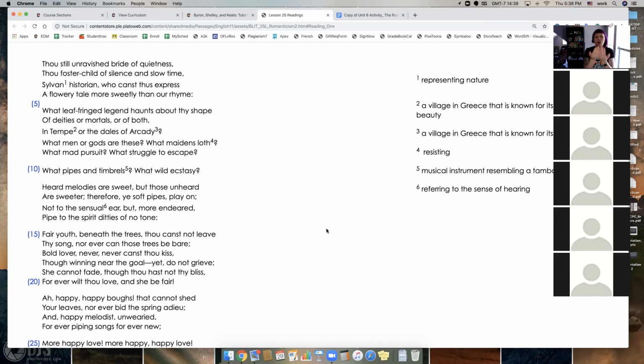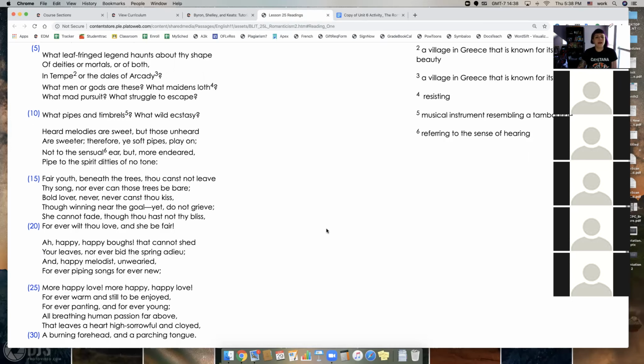And so that's what he's talking about. He's talking about this specific urn and what's painted on it. So what men or gods are these, what maidens loth, he's asking about what is on this scene. And think about that too when we're thinking about this immortality of art aspect.